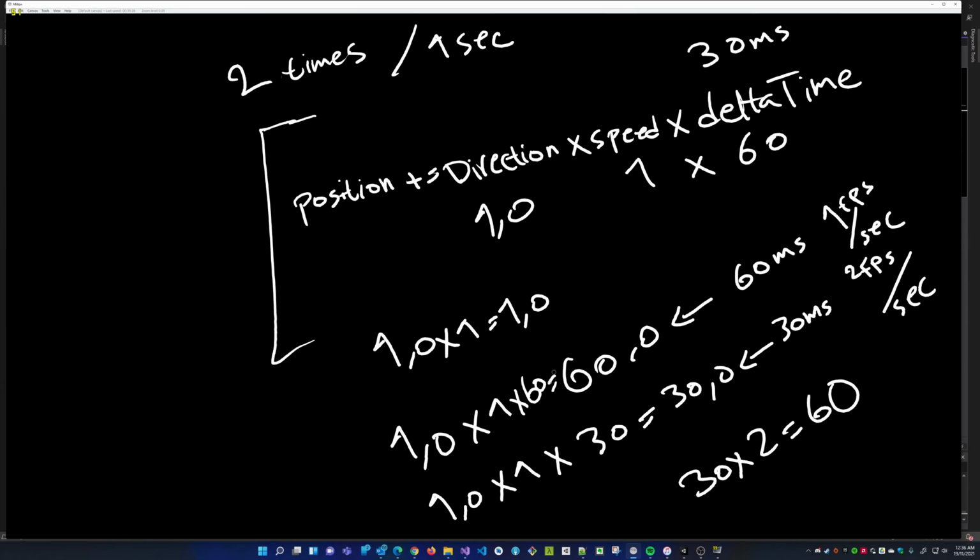Okay, let's start this over. My delta time is 60 ms, right? I'm running at 60 ms. It takes 60 milliseconds to render one frame.